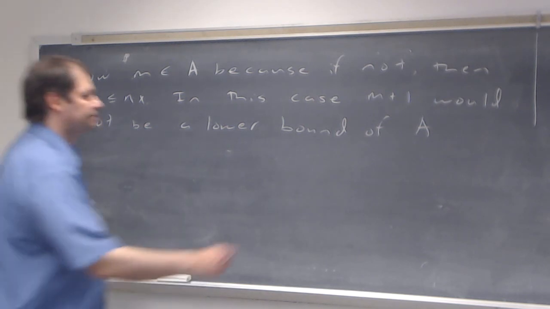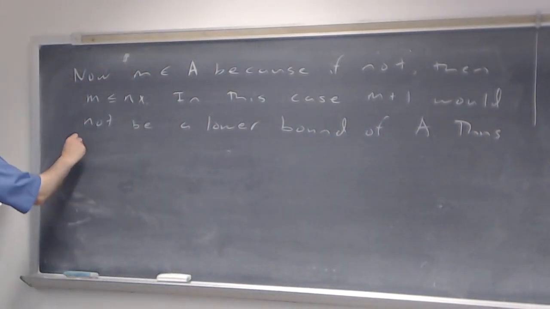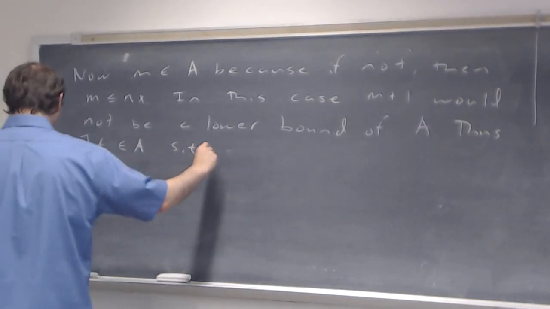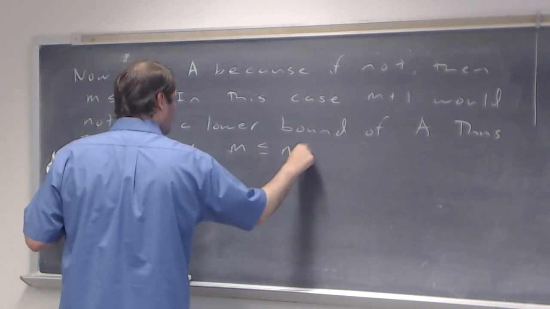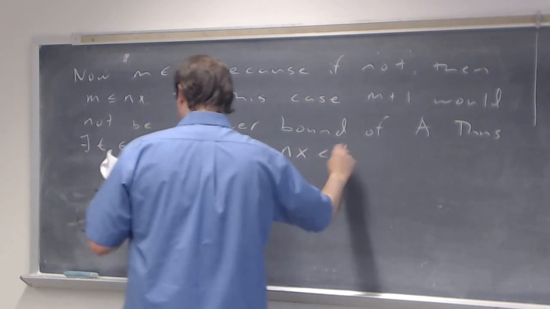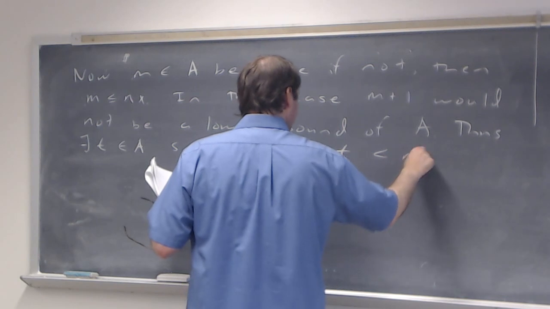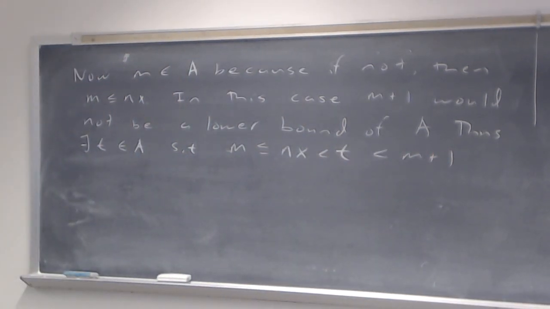Thus, there would exist a T element of A such that M is less than or equal to nx, which is less than T, which is less than m plus 1. That's how m plus 1 is not a lower bound. There's something in A smaller than it.